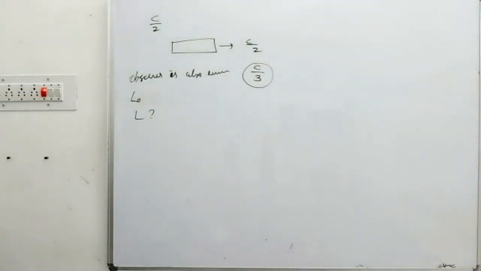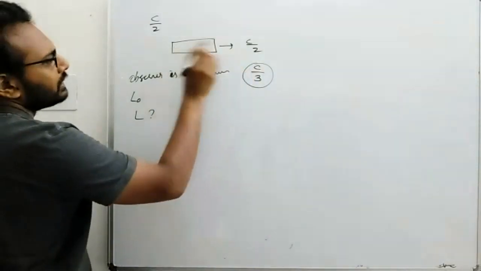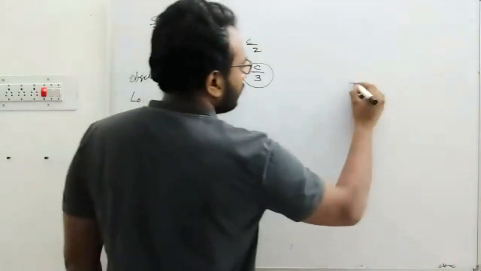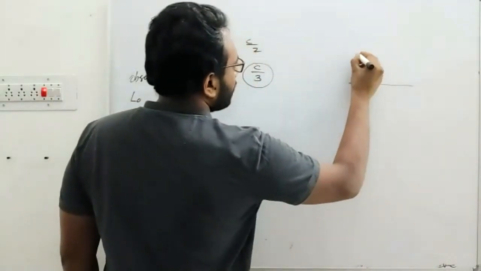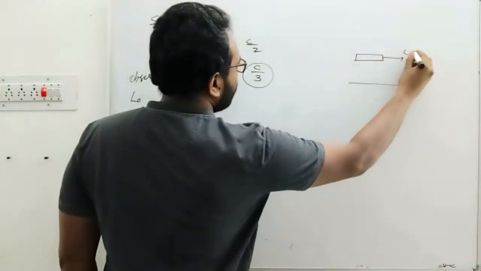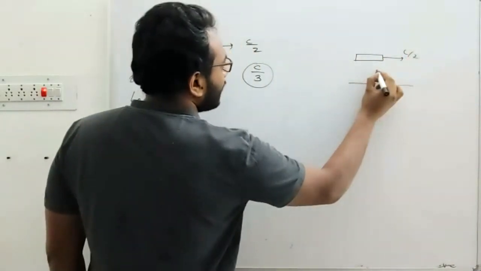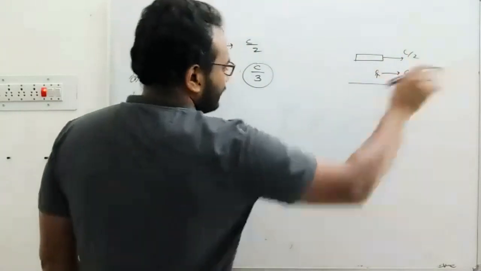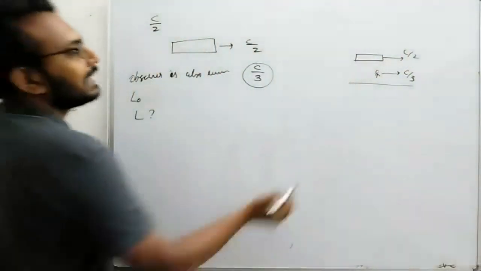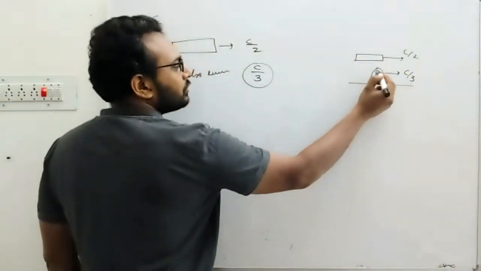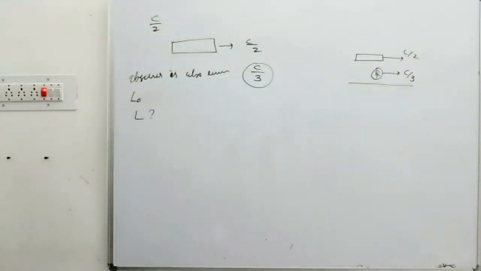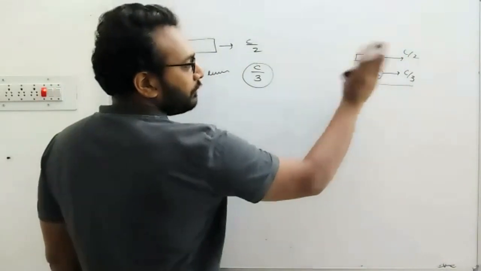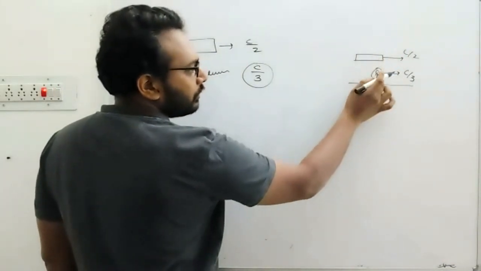So we have the velocity of the rod with respect to ground, c by 2, and another observer moving at c by 3 in the same direction. What's the length measured by this observer? In order to find it, we first need to find the velocity of the rod with respect to this observer.